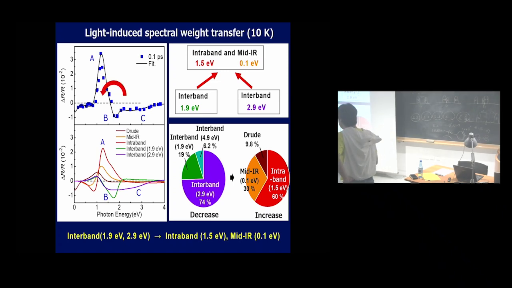So totally, I can say that the spectral weight transfer occurs from the low energy to the high energy state. And it is noteworthy that the Drude component is also a little bit increased in this analysis.